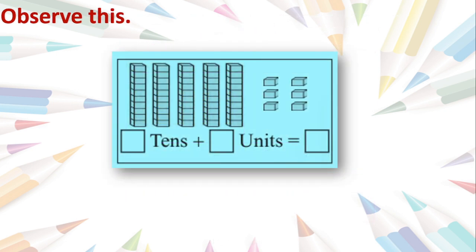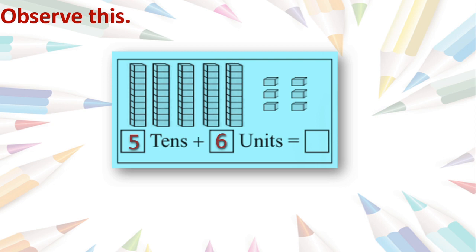Here one more picture we can see. Some single boxes are there. These are called units, and some bundles you can see, right? Elongated boxes one above the other, that is 10 boxes are there in each bundle. Now count this: 1, 2, 3, 4 and 5. So here 5 tens and 6 single units.